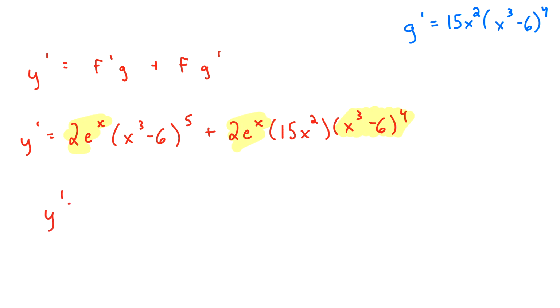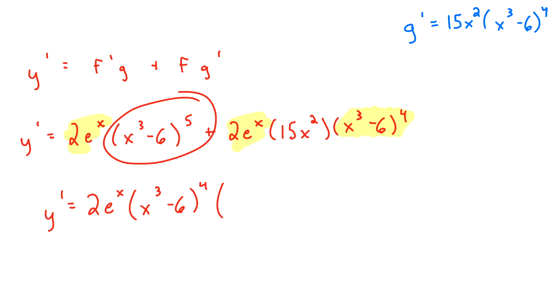Y prime is equal to 2e to the x times x cubed minus 6 raised to the 4th power. And then, okay, what are we going to have? After I factor this out, I'm still going to have x cubed minus 6 raised to the 1st power. So I'm just going to write that as x cubed minus 6. If you want to write that in parentheses and put it to the 1st power, we can do that too. Plus, well, I've got this 15x squared left over.